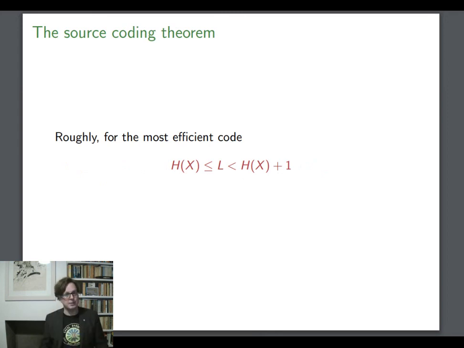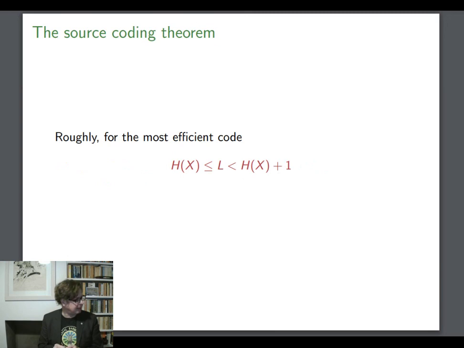The source coding theorem says that if you have a sequence of objects and they have some regularity and you want to code them in a binary code, the length of that binary code has a fundamental lower bound, which is Shannon's entropy, and that you can actually obtain a code that is within one of the Shannon entropy.